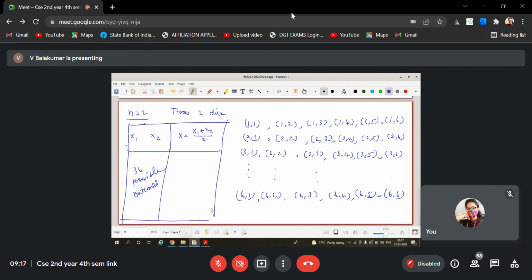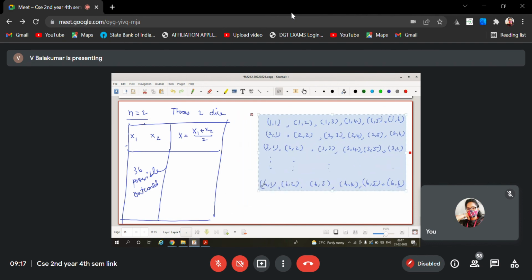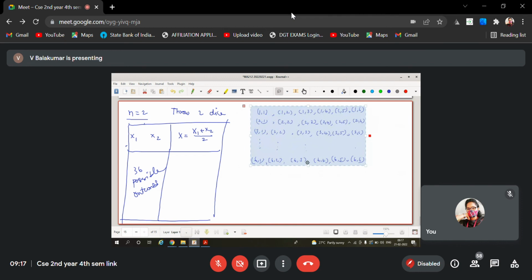Capital X can take values, maybe this visual if possible. Ten values, sir? Yes, 10 values. Let us write down the values.